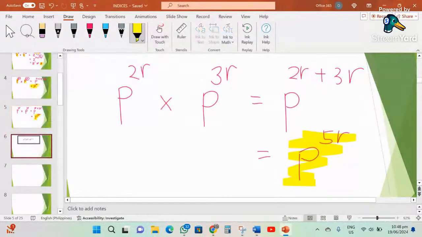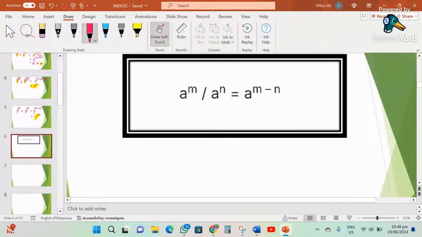Right, let's move to the second law. The second law is the quotient law. The first one is the product law. So if it's a quotient, you get the difference of their exponents, provided that the bases are common. Okay, their bases are common.